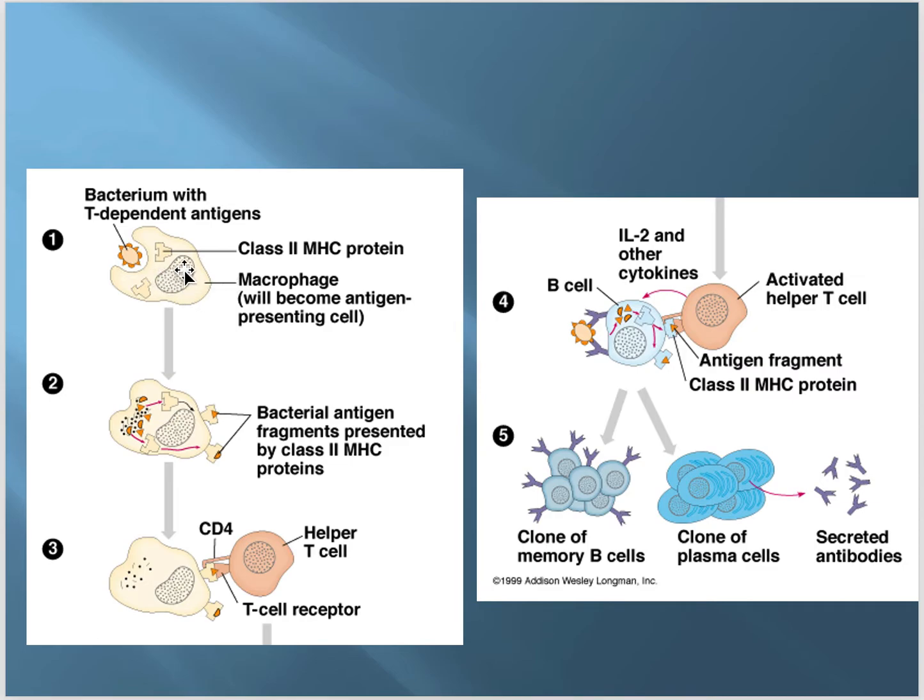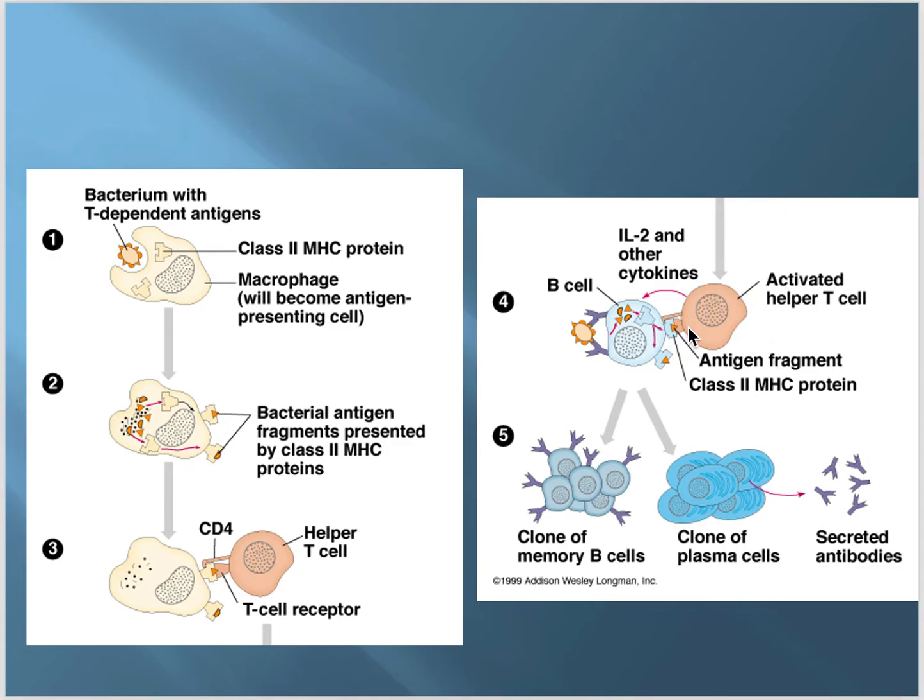So when this macrophage engulfs the bacteria, it will digest and process it, and after processing, the macrophage will present the bacterial antigen fragments on its surface by class 2 MHC proteins. Once the antigens are presented, the T helper cells get attracted and bind with the macrophages through CD4.